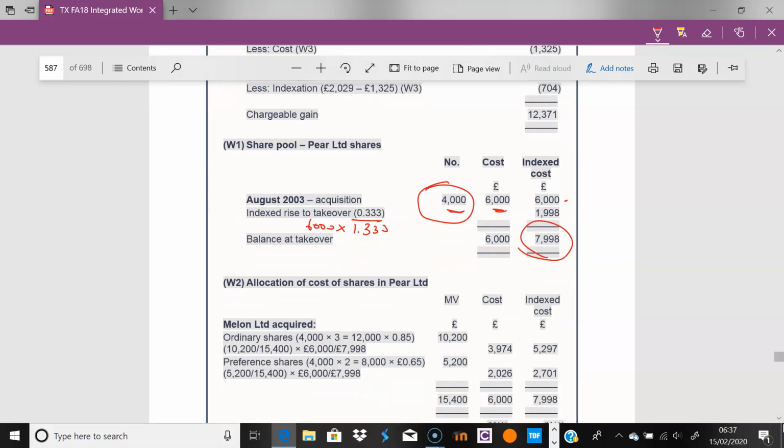Then I split up my costs by virtue of the market value, and this is kind of calculating the whole thing. If you remember, that was me splitting up that 7,998 based on the ratio of the value of that land.